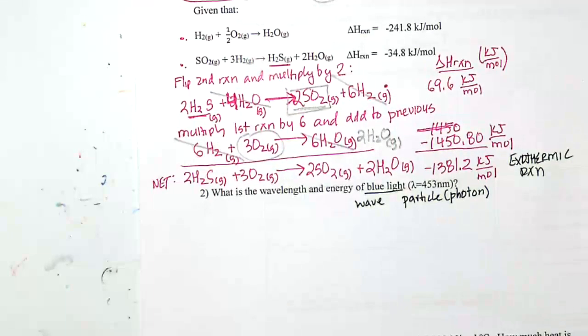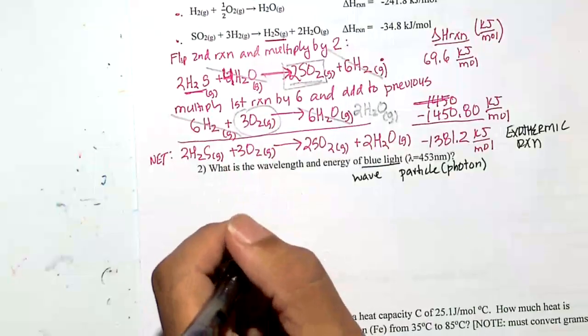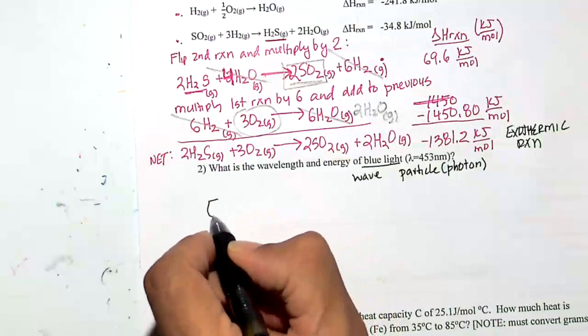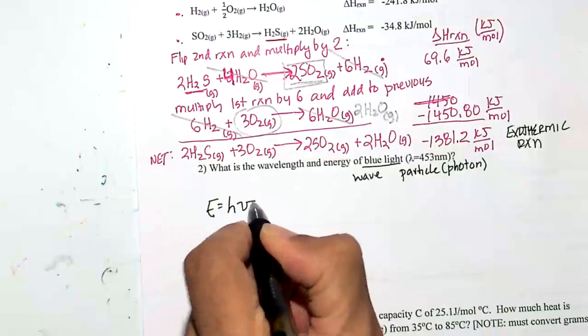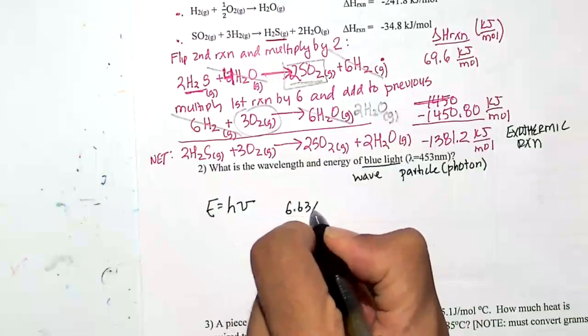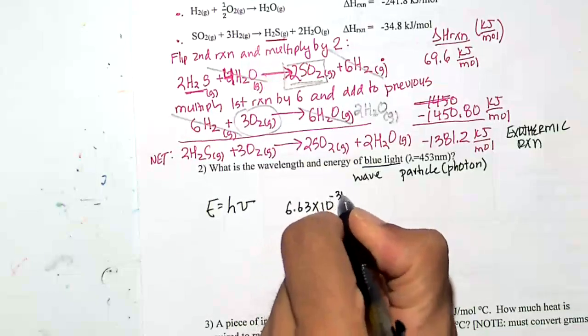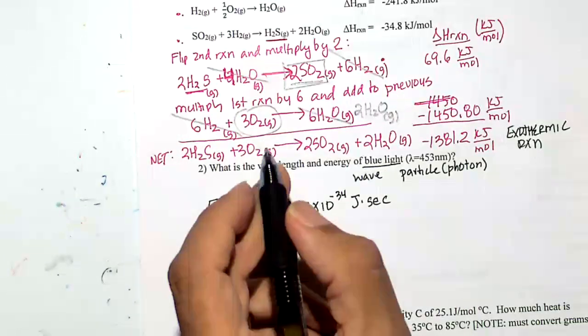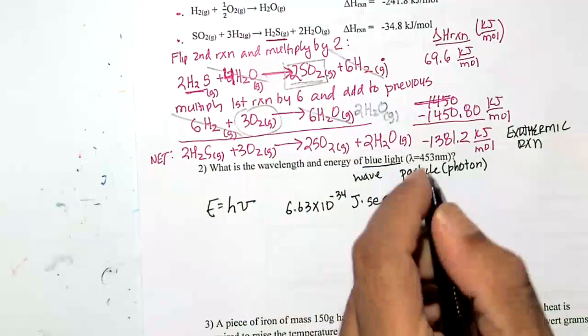The equations that you will need to solve for this one, I'll give you on the exam. You need the energy, which is E equals h times v. This h is Planck's constant, which is 6.63 times 10 to the minus, I think it's 34, joules times second.